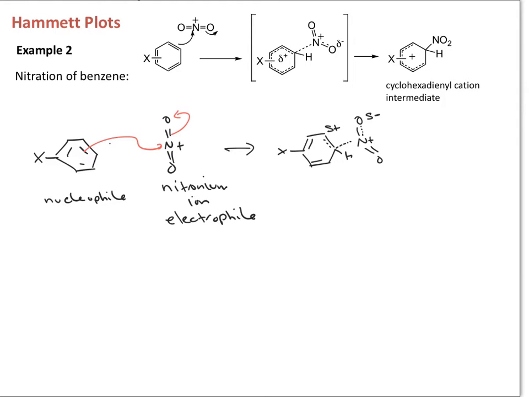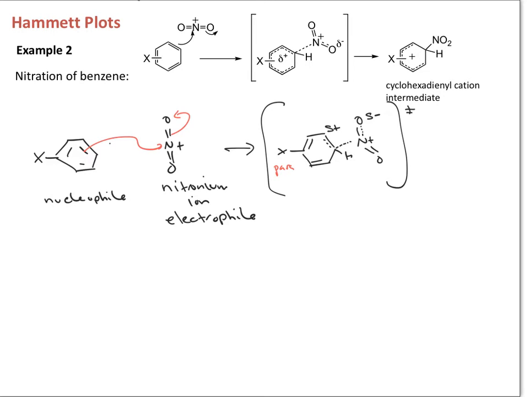And this will leave us in a charge balanced state. So we can draw this transition state such as this, where we've put our X in the para position from the electrophile.